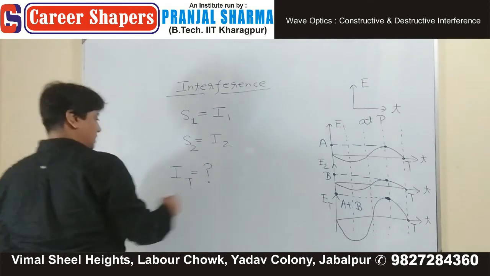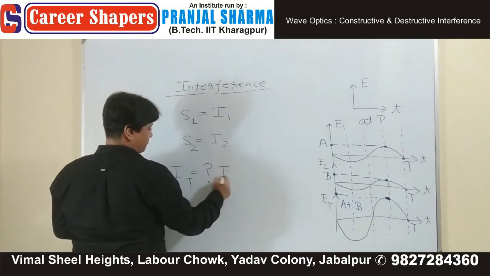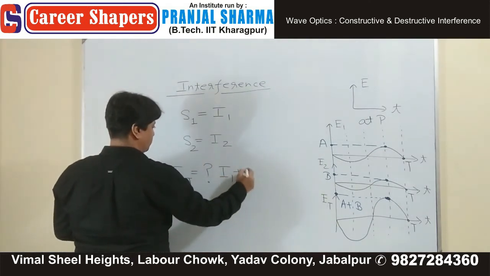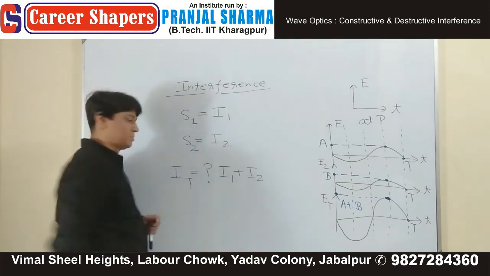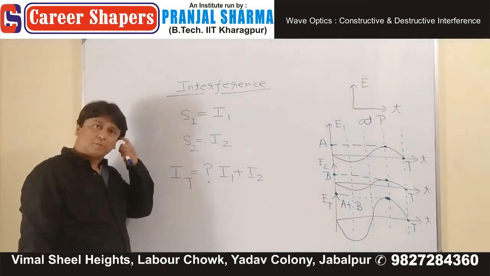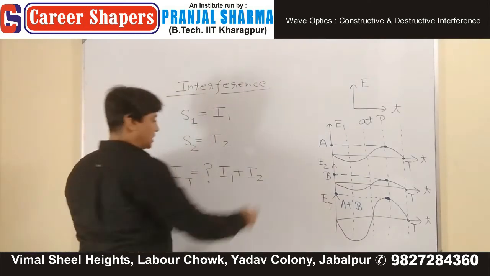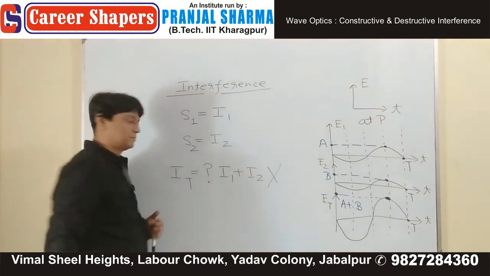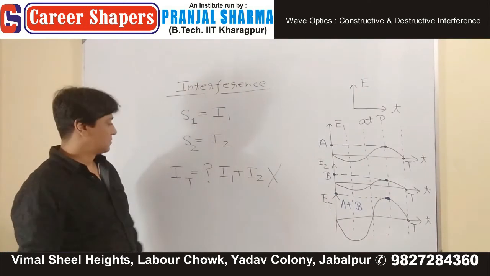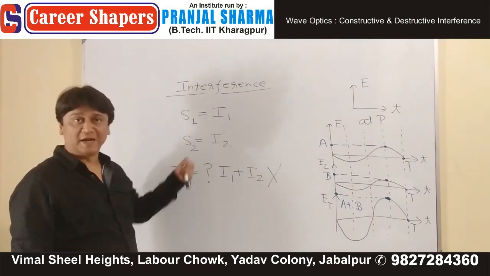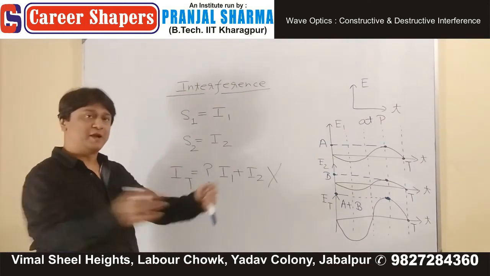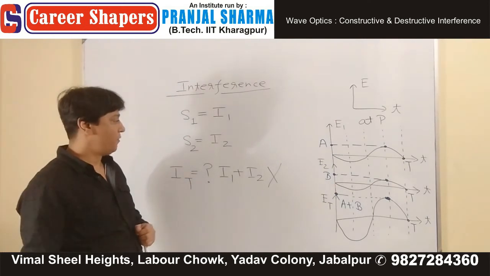And the answer is I1 plus I2, which some of you have also answered. But this is not correct. We don't find intensity like this, by simply adding I1 and I2. Why?